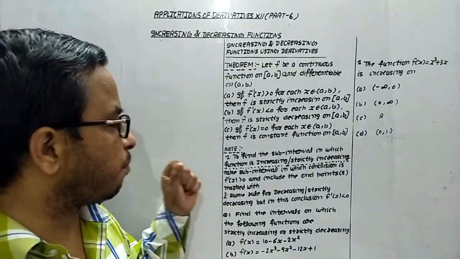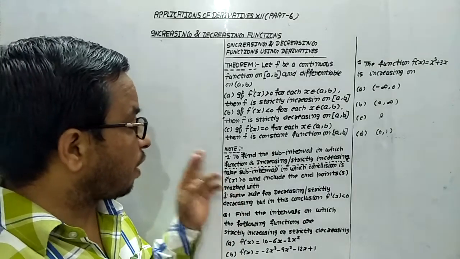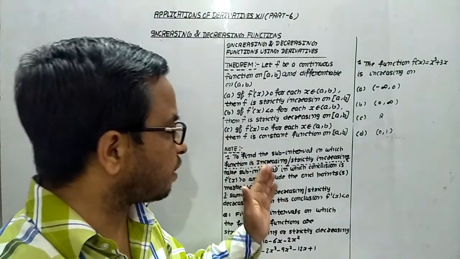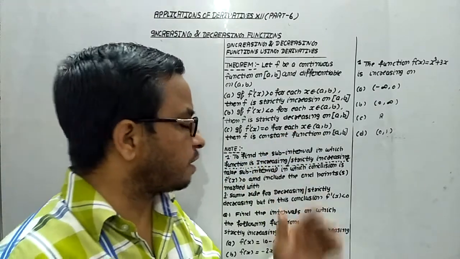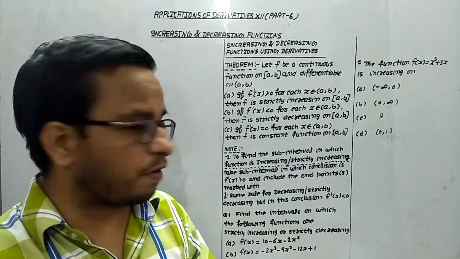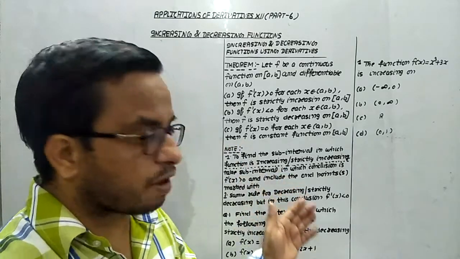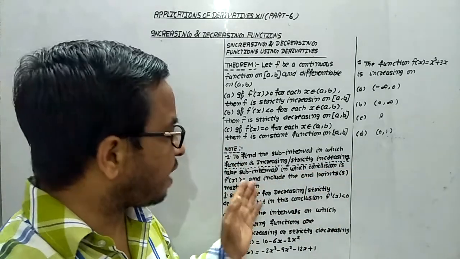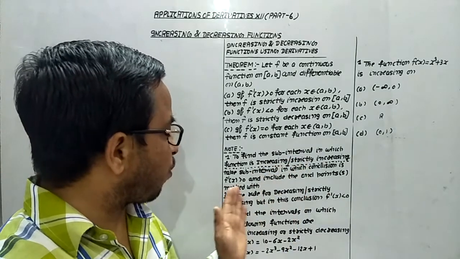Now, this is the important point. Note number 1: to find the subintervals in which the function is increasing or strictly increasing, we will take subintervals in which the conclusion is f'(x) > 0 and include the end points.